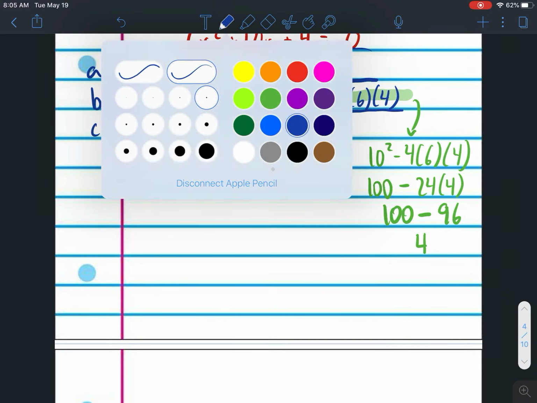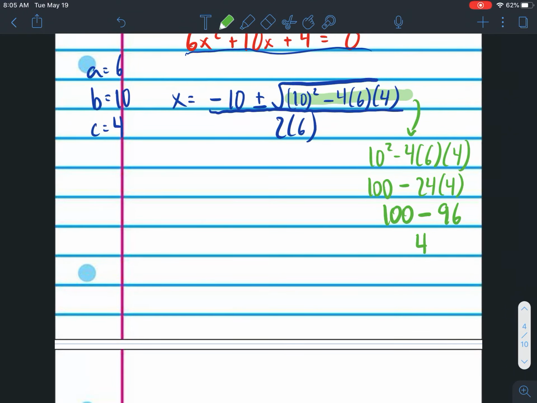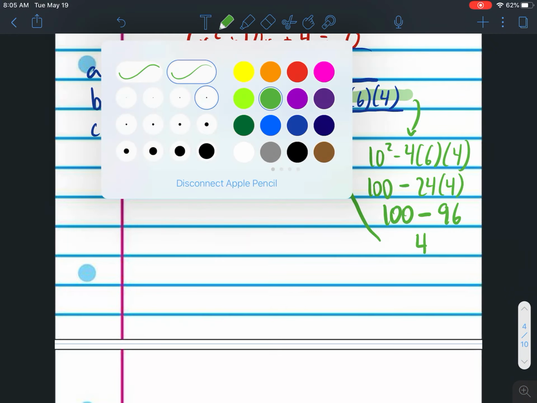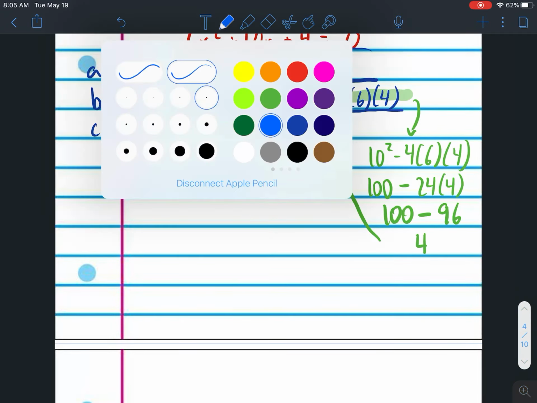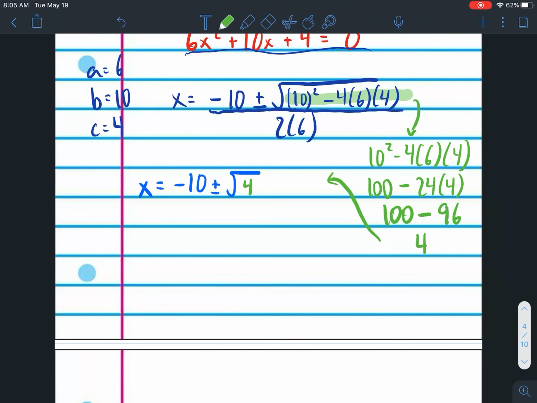Now that I have that, let's plug that back in. So we have x is equal to negative 10 plus or minus the square root of, I'm going to do this in green so we can see where I'm plugging that in, 4, all over 2a. 2 times 6 is 12, so all over 12.